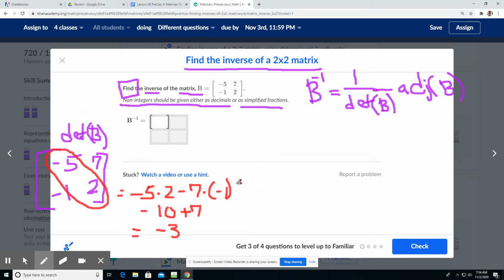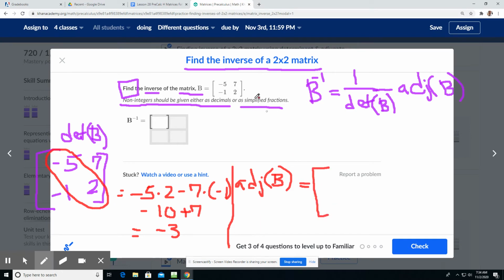The adjugate. I keep saying adjunct. It's the adjugate. The trick here is we flip or switch the first set of diagonals.